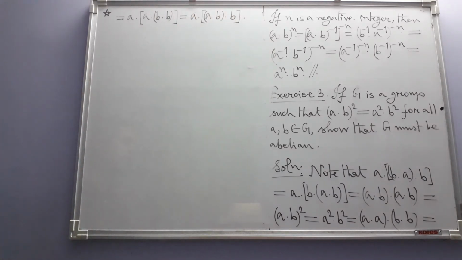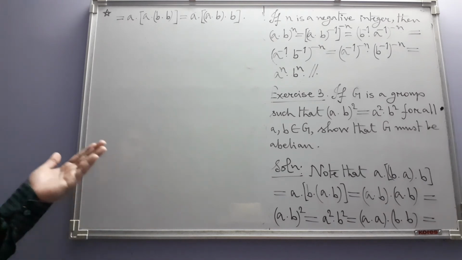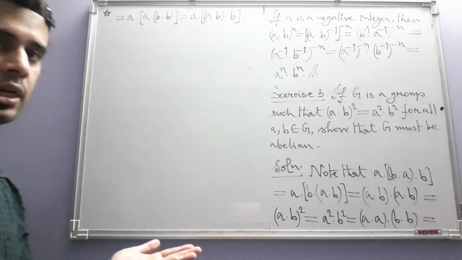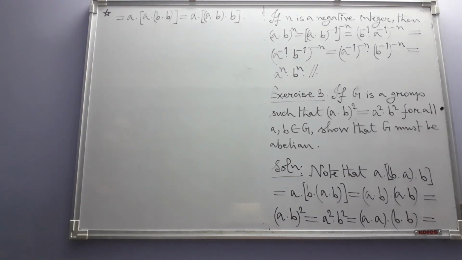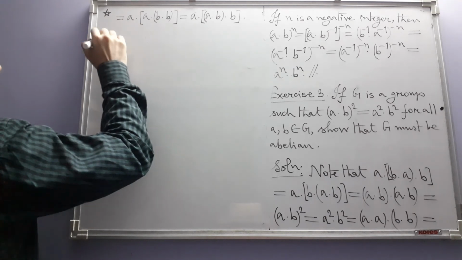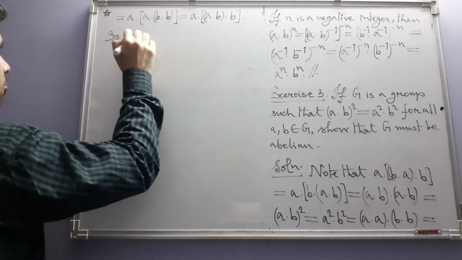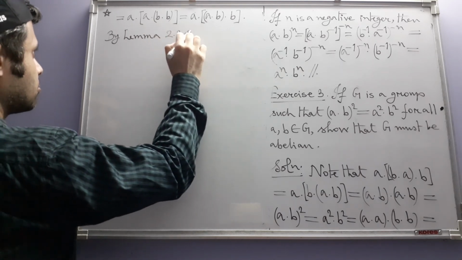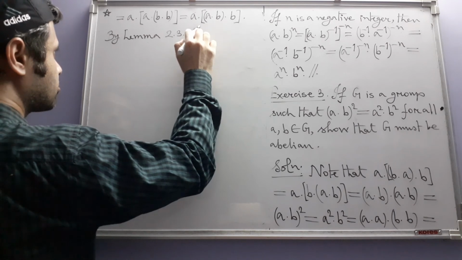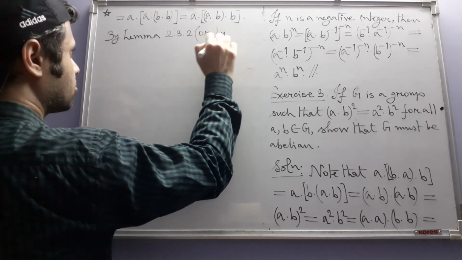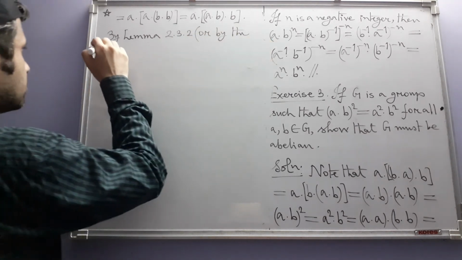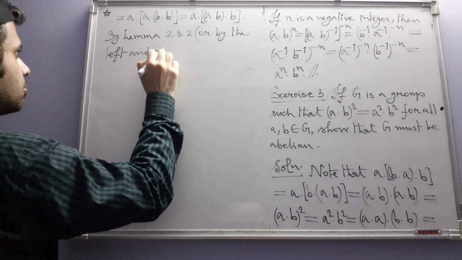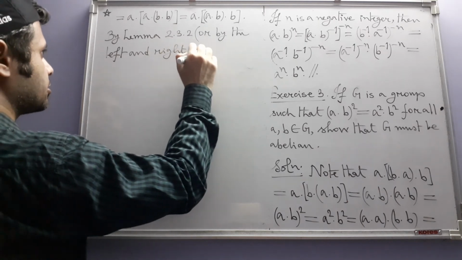Now we use the cancellation laws that we have come across in lemma 232, the second lemma of the third section, by the left and right cancellation laws.